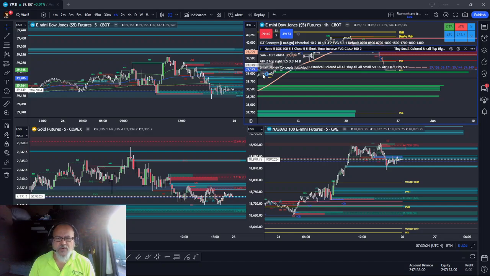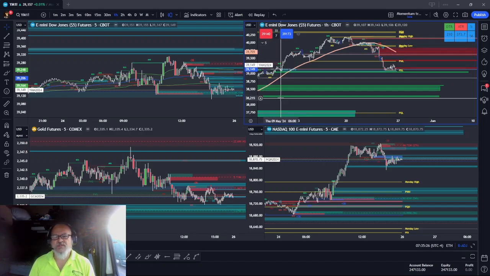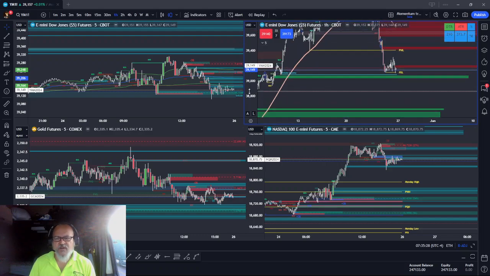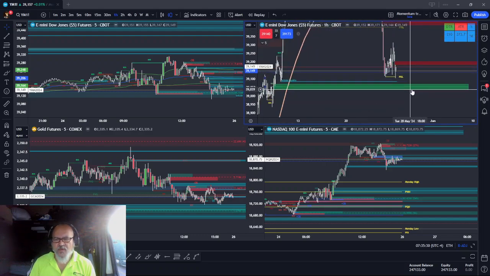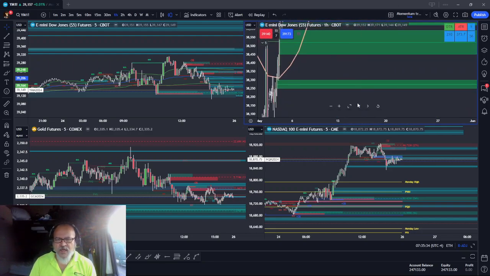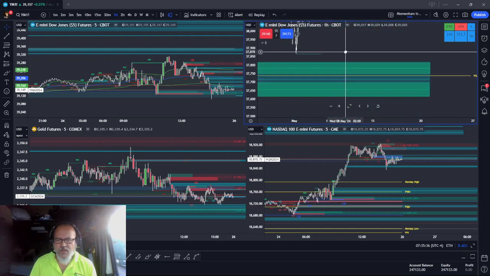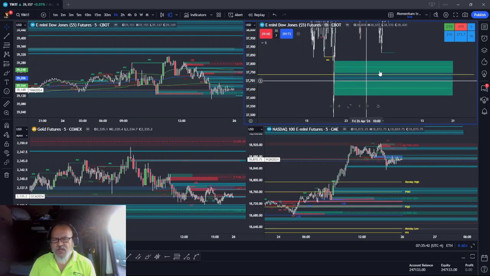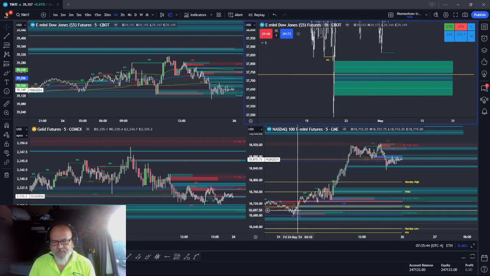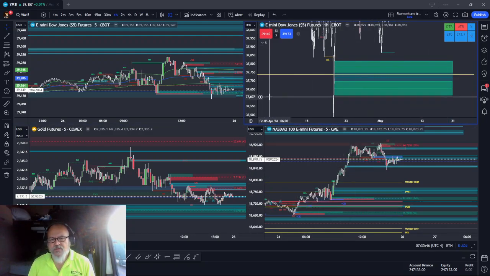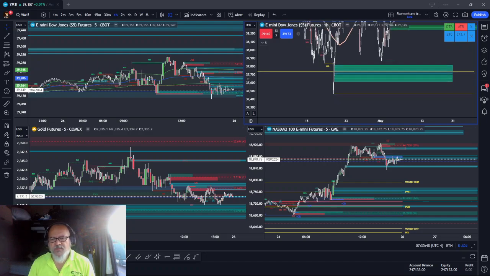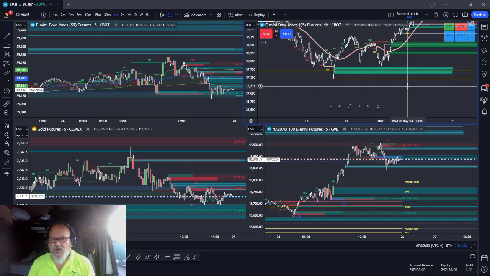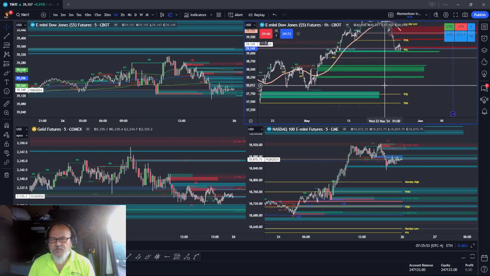So using both of those indicators, I can now see fair value gaps, bullish or bearish, and I can also see inverse fair value gaps, so when they get flipped. So I'm going to run my charts like that.